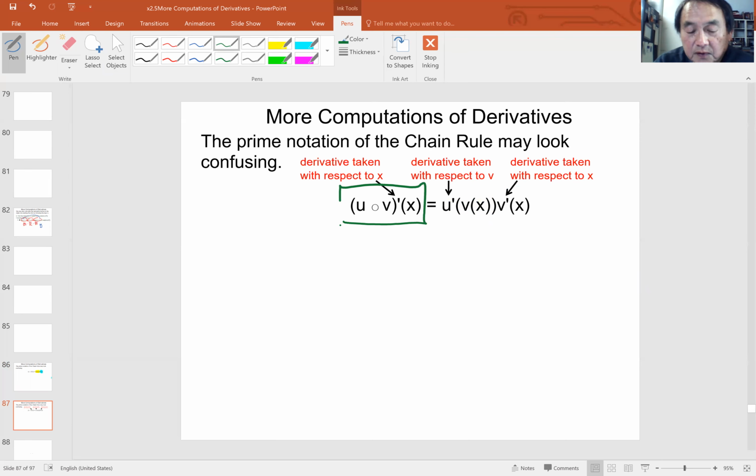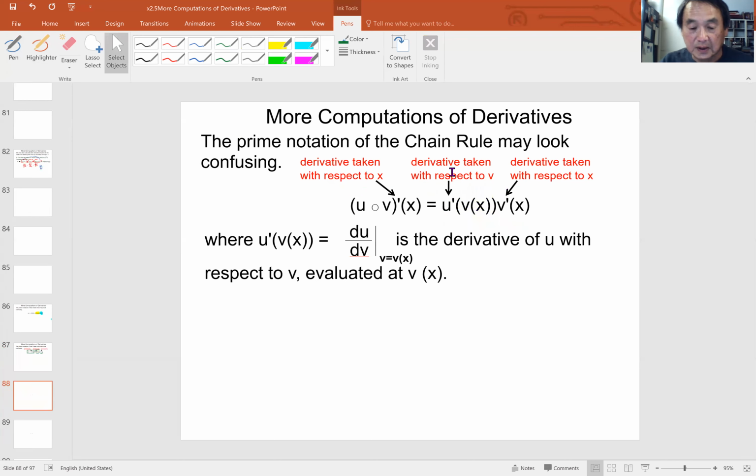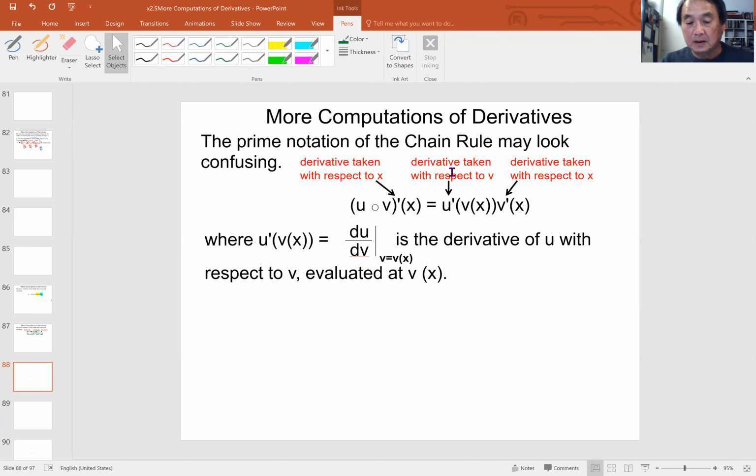The composition derivative with respect to x is the product of the derivative of u with respect to v, times the derivative of v with respect to x. So you have to be a little careful in interpreting that first layer. Okay. So u prime means du/dv, u with respect to v.